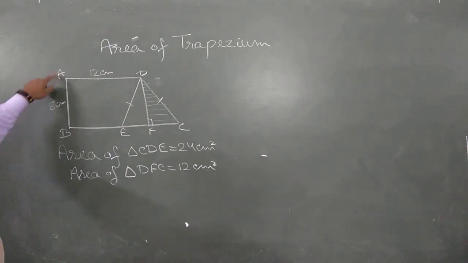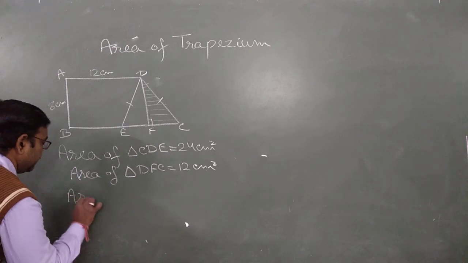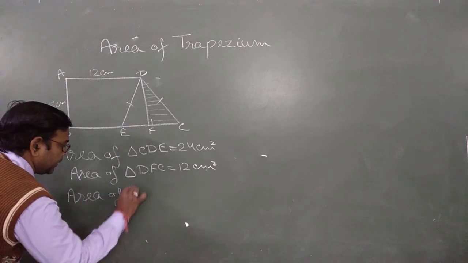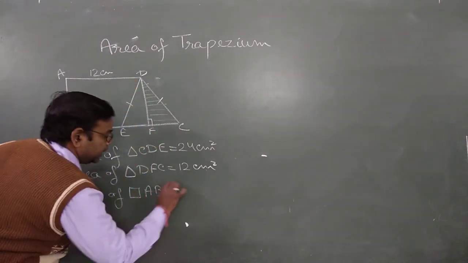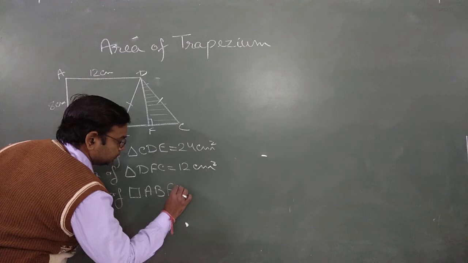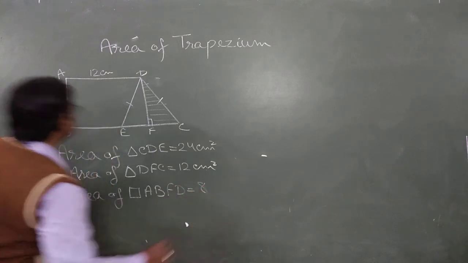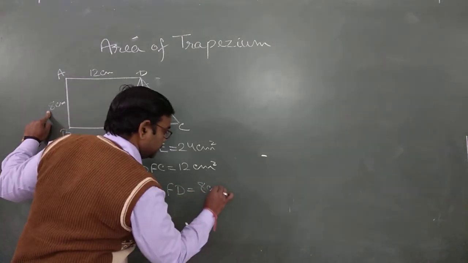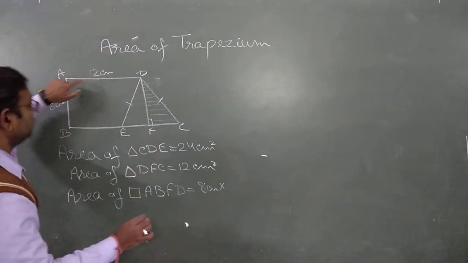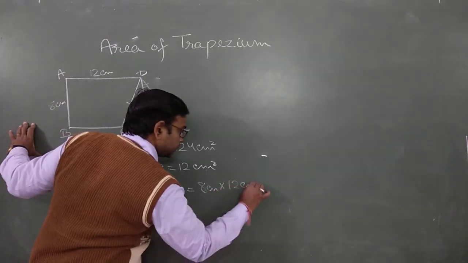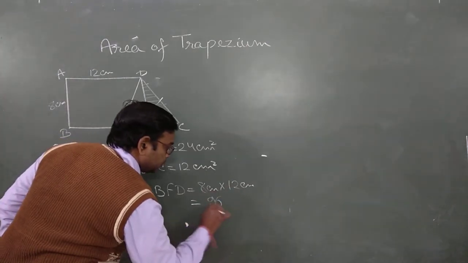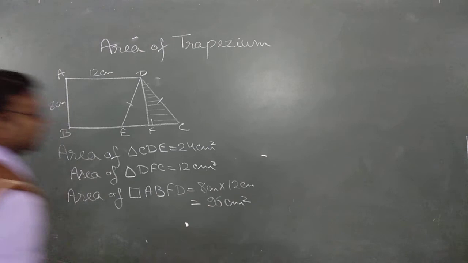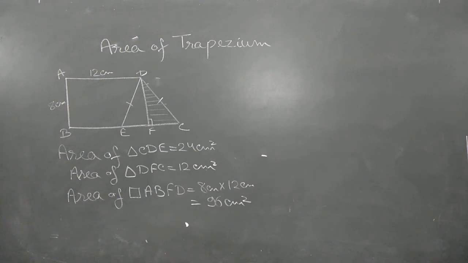And in this case ABFD is a rectangle, so the area of rectangle ABFD, as we know, is length into breadth. It's 8 centimeter, which is your breadth, and 12 centimeter, which is your length, so it's 96 centimeter square.